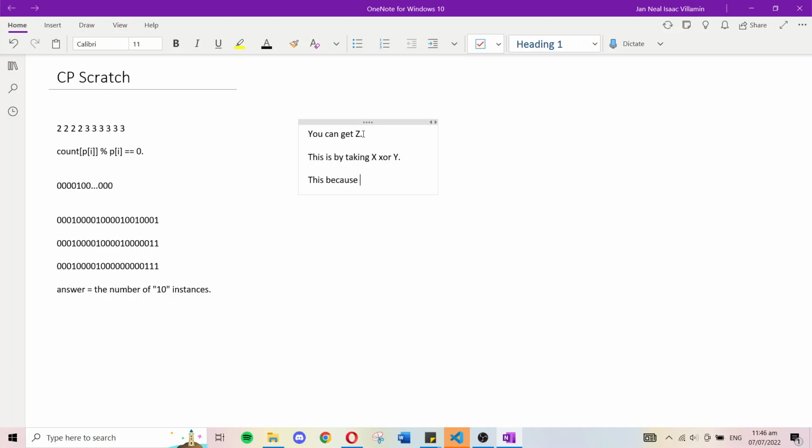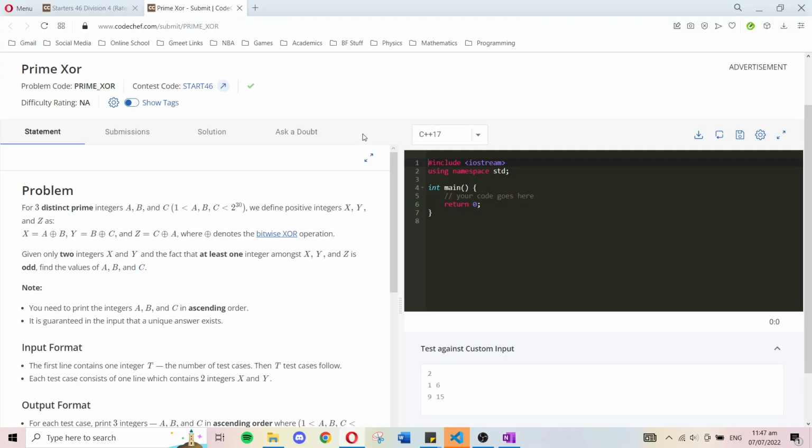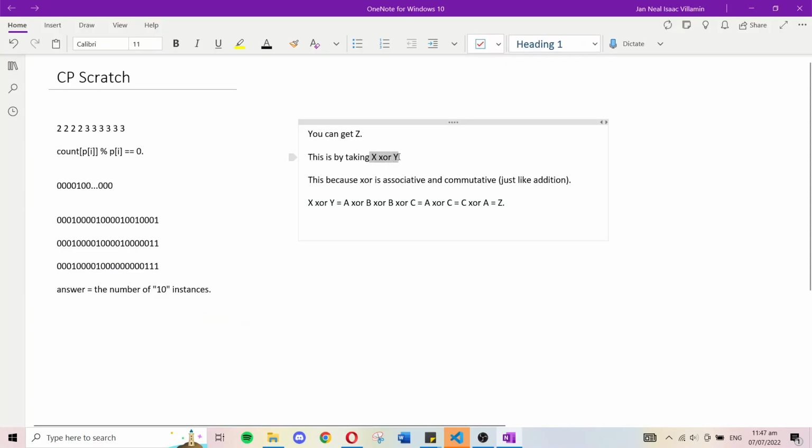Because XOR is associative and commutative, just like addition. Meaning x XOR y is just equal to a XOR b XOR b XOR c, and b XOR b is just 0, so we have a XOR c, which is z. Okay, so this is the first observation.